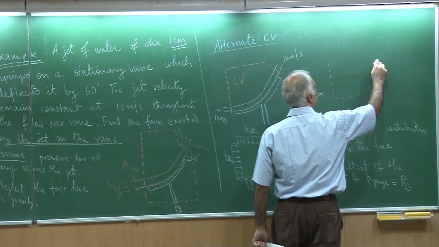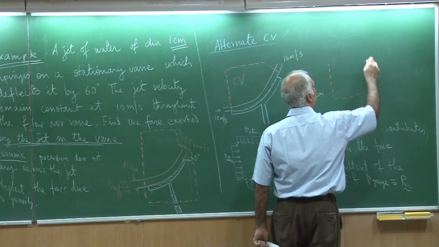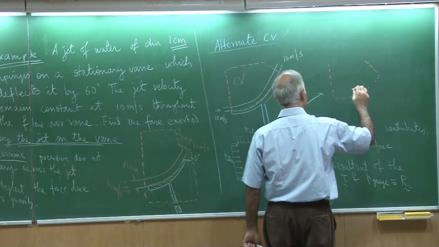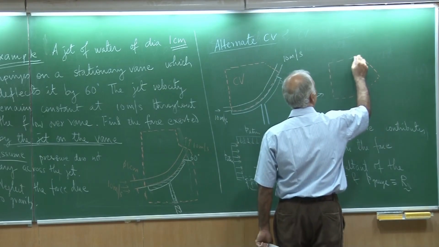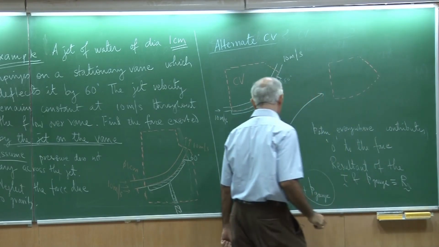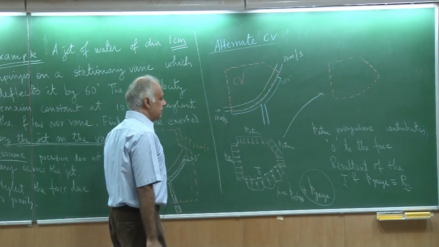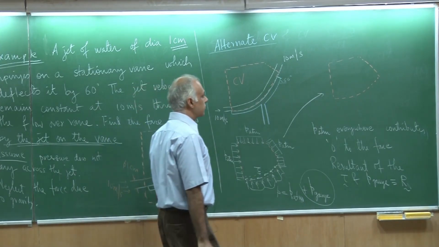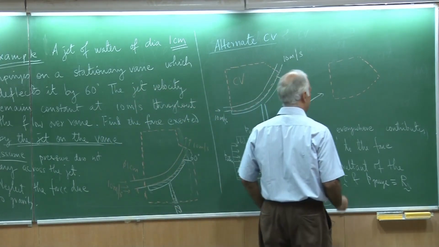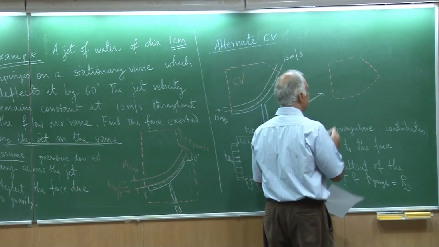So, let me draw the control volume again for you. So, this is the control volume, and if you recall, the jet was somewhere here.